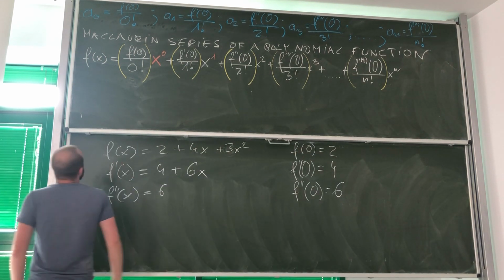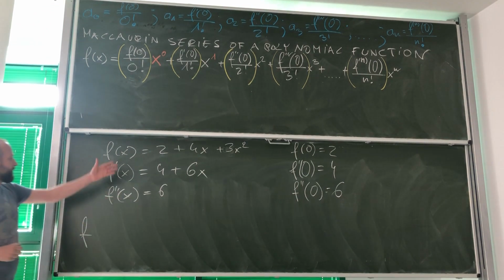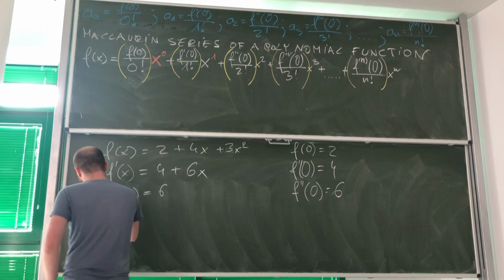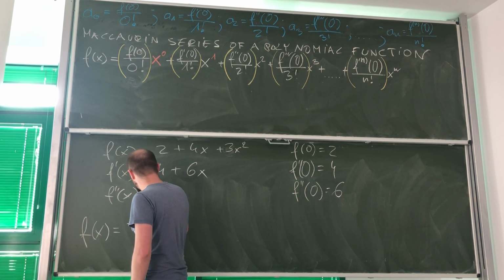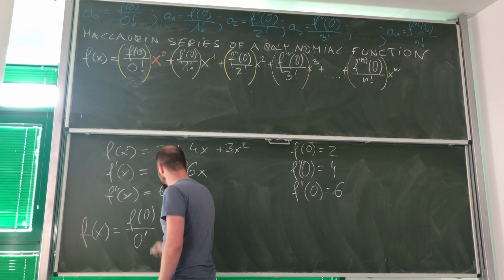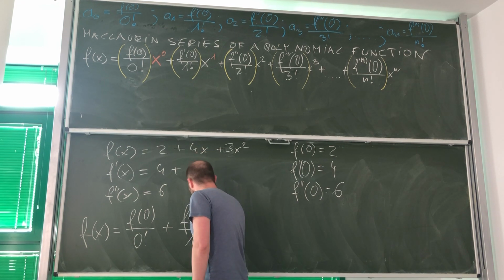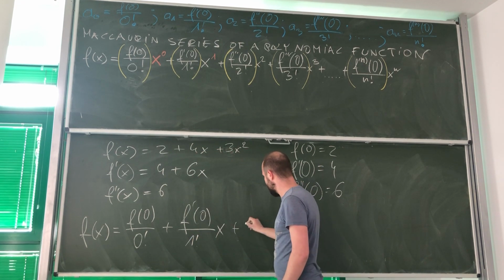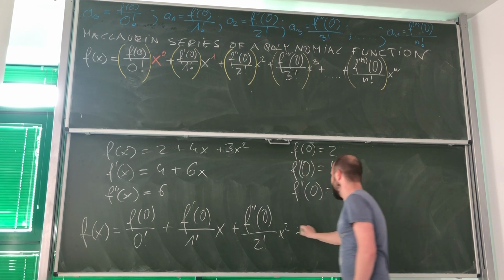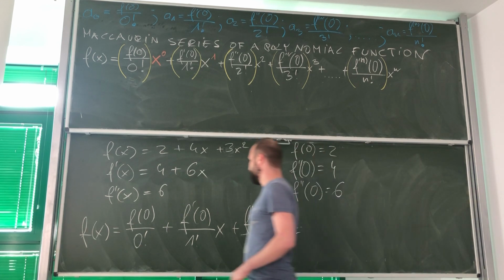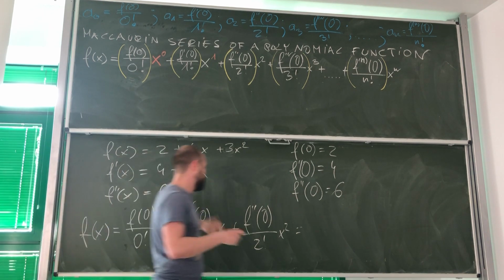Okay, now let's use the formula. What should we have here? Here we have 3 components, so our formula, of course, should also have 3 components. So we will have here f of 0 over 0 factorial plus f prime of 0 over 1 factorial times x plus f double prime of 0 over 2 factorial x squared. Okay, so what do we have here? 2 divided by 1 is 2.